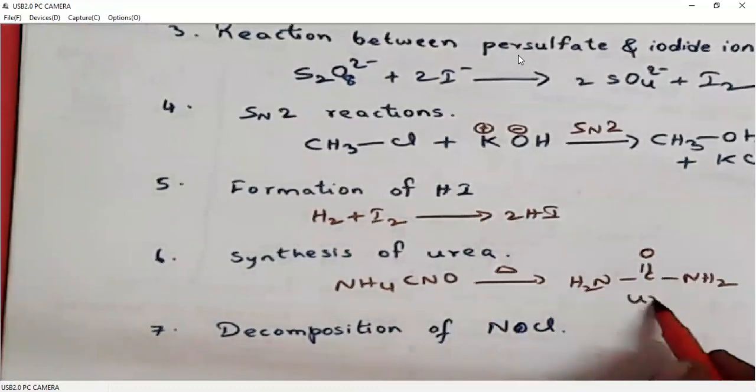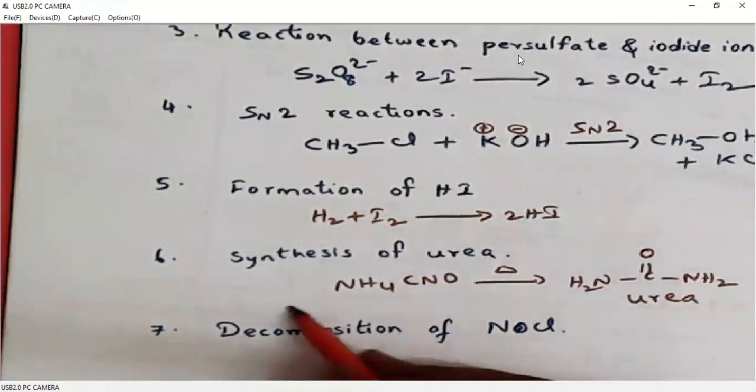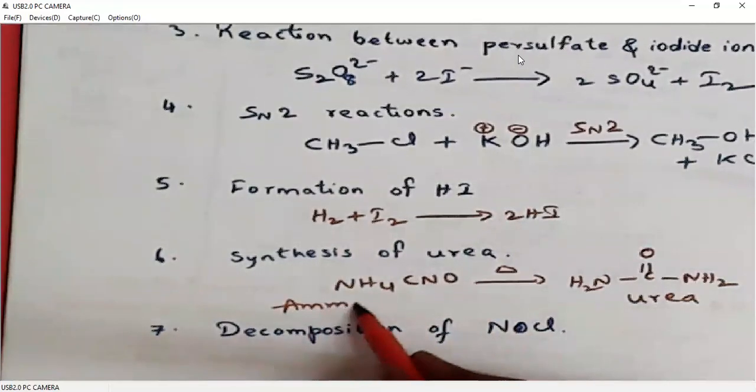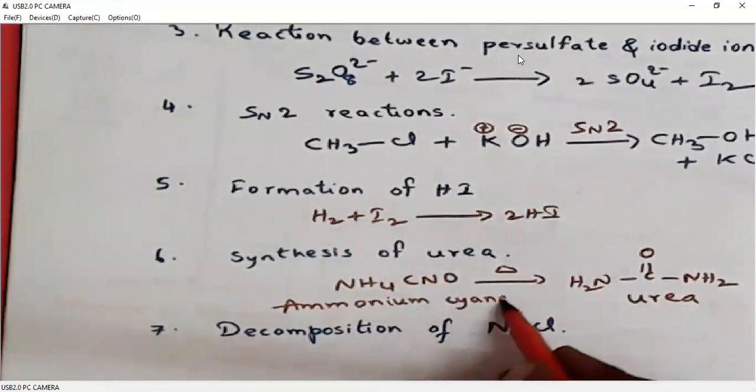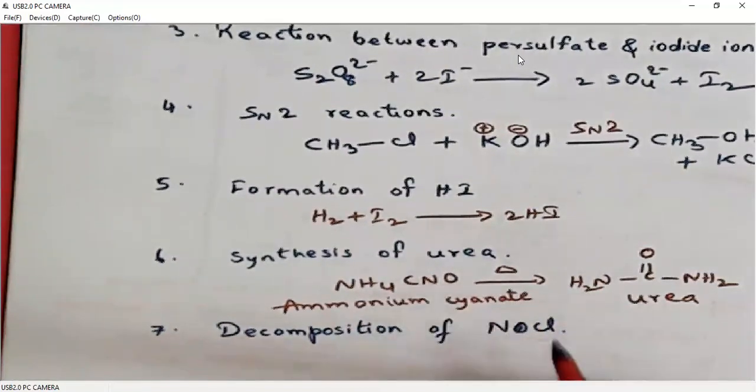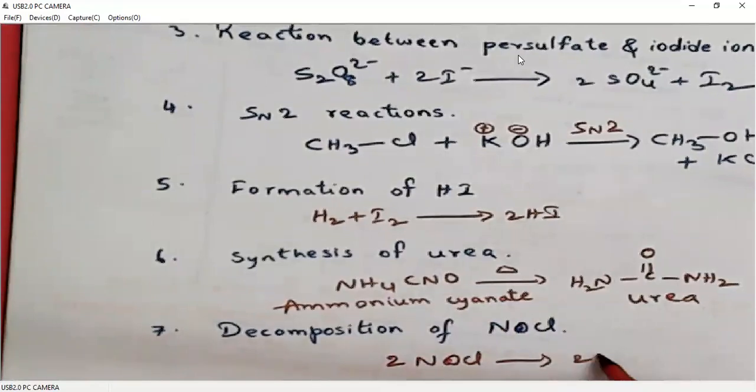So this is urea, this is ammonium cyanate. The conversion of ammonium cyanate to urea under thermal conditions is an example of second order reaction. Then decomposition of NOCl: 2NOCl decomposes to 2NO plus Cl2. So these are the examples for second order reactions.